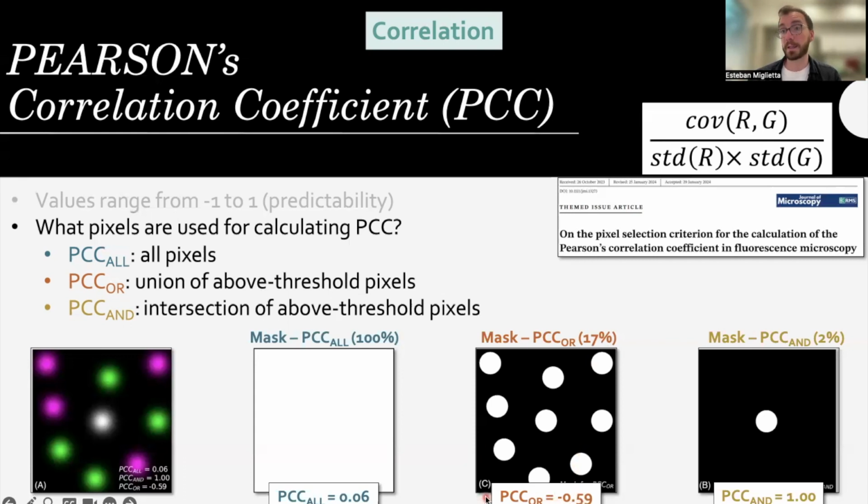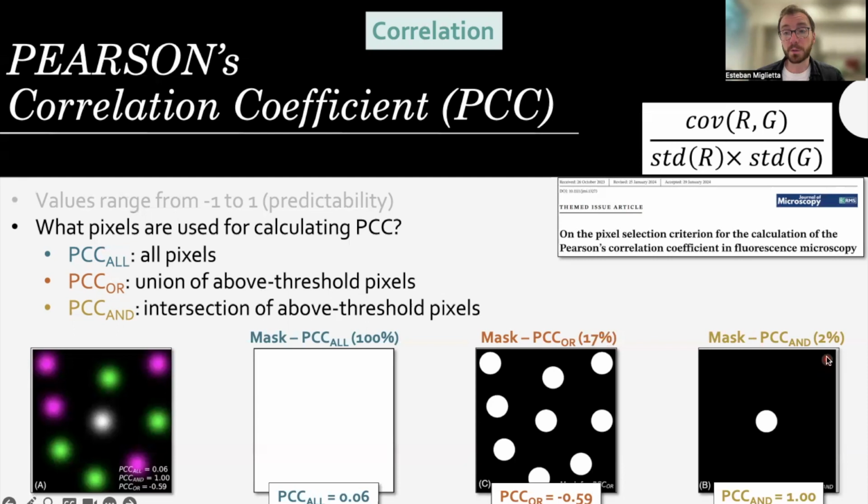And again, this makes sense because if you only pay attention to the pixels that are not black, you say, okay, yes, in the majority of pixels, so like 7 out of 8 blobs, they are anti-correlated, where you have green, you don't have magenta, and vice versa.